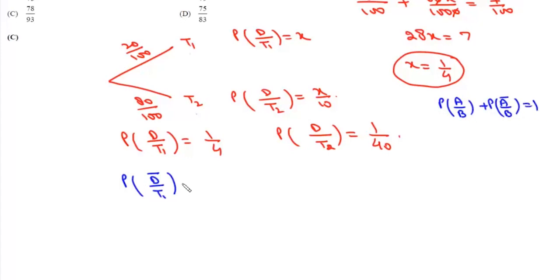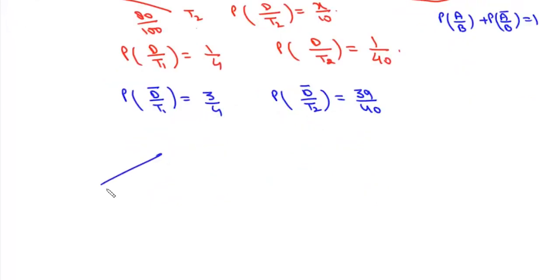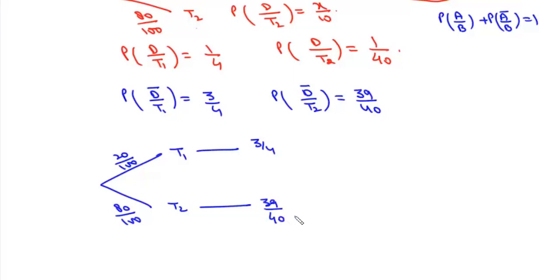So the probability of D not upon T1 will be simply 3 by 4 and the probability of D not upon T2 will be 39 by 40. So now again we have two plants, T1 and T2. Getting it from T1 is 20 by 100, T2 is 80 by 100. Not defective from T1 is 3 by 4. Not defective from T2 is 39 by 40.